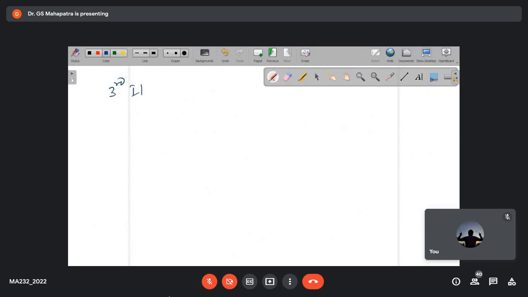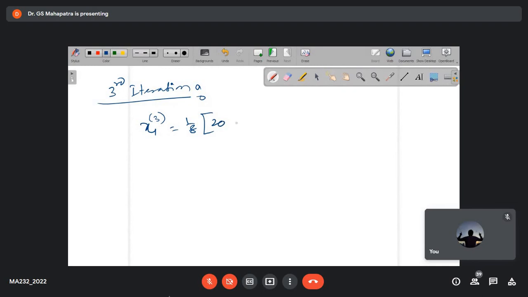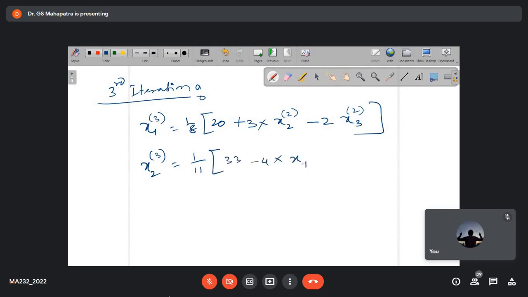I will write the formula. x13 equals 1 by 8, 20 plus 3 into x22 minus 2 into x32. x23 equals 1 by 11, 33 minus 4 into x13 plus 1 into x32.